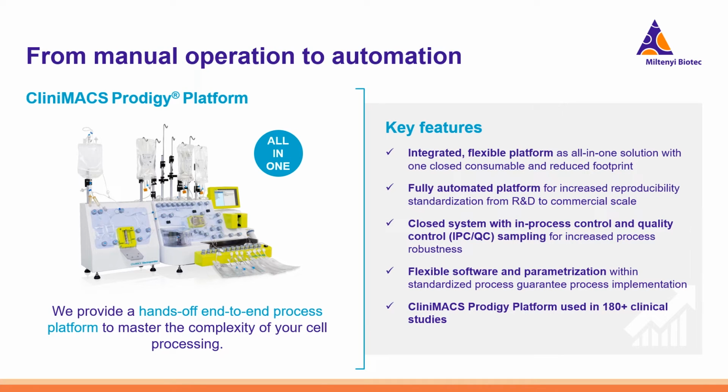So automation mitigates the risks by providing repeatable and reliable cell processing. And keeping that in mind, I would like to introduce our Clinimax Prodigy platform to you. For those of you who do not know it by now, this is our hands-off end-to-end process platform. I just want to quickly introduce the key features to you.